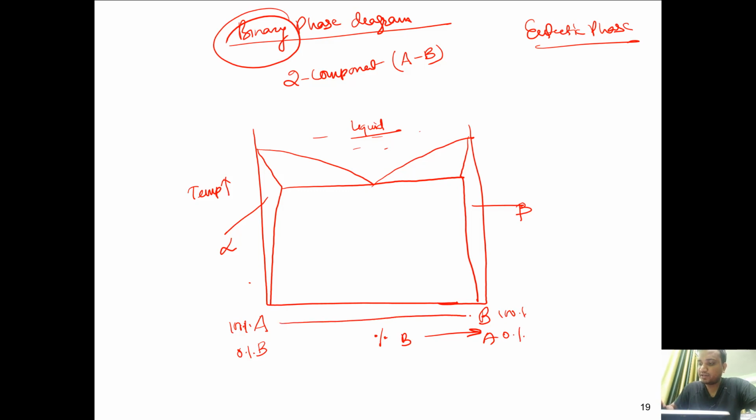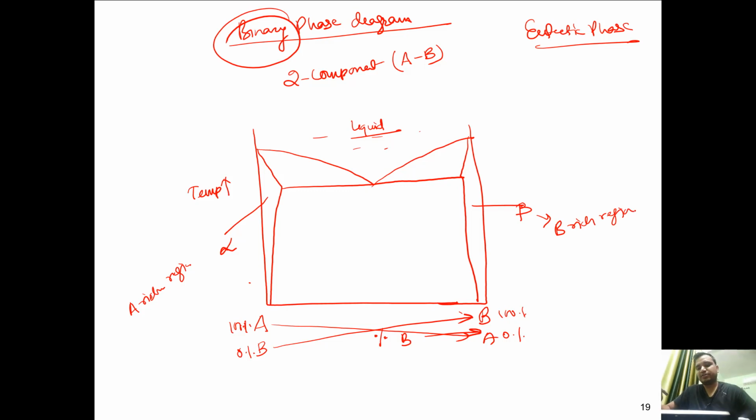So B moves like this and A moves like this. So the region here will be rich in A, right? So alpha is the A rich region, where A type of atom is more, and beta is the B rich region phase.